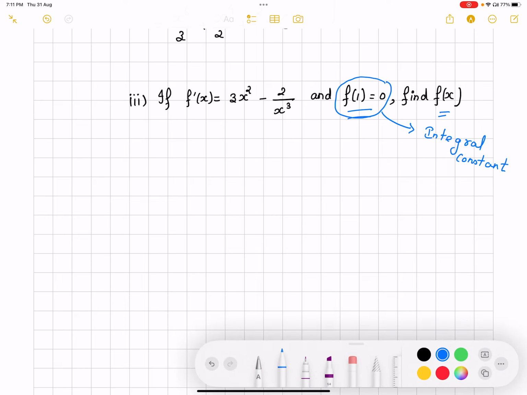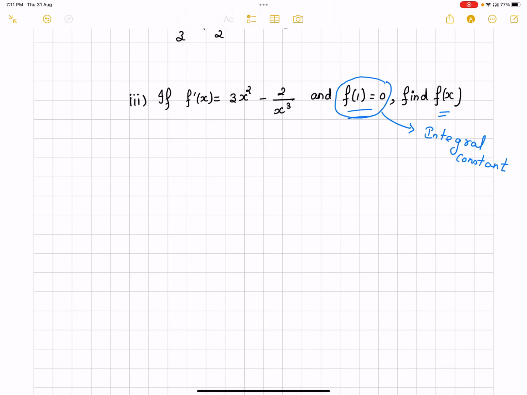Let's start doing this particular problem. We need to find out f of x. So we have f dash of x. When I integrate f dash of x dx, obviously I would be getting my function f of x. So let's integrate this.